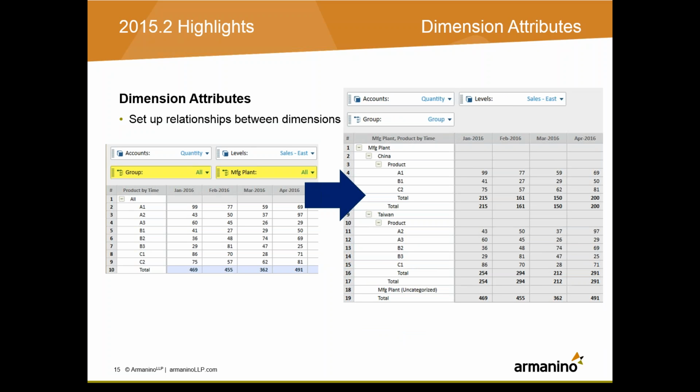And I can simply now say in my cube sheet, I want you to show me my quantities in this case, but I want you to group them by manufacturing plant rather than by product group. So what we have is an ability to have a dimension that can be very flat, and we can have alternate ways of rolling it up.